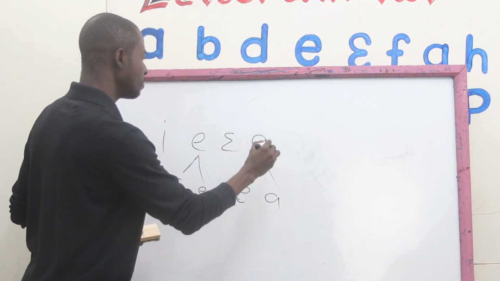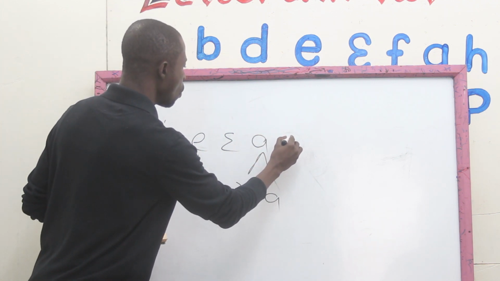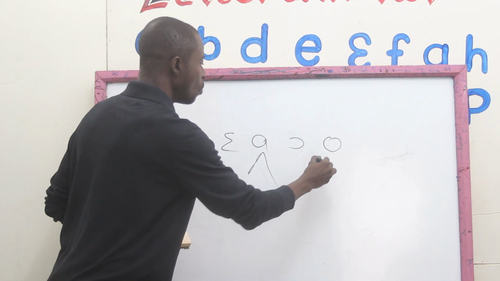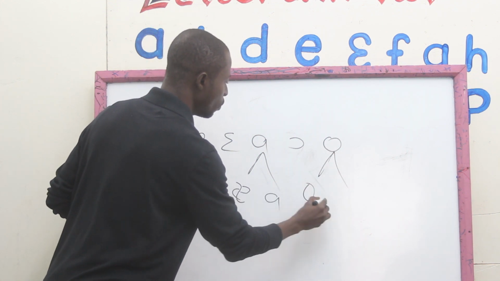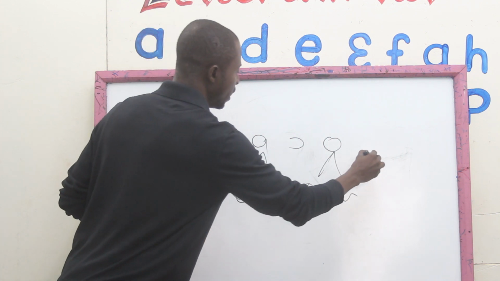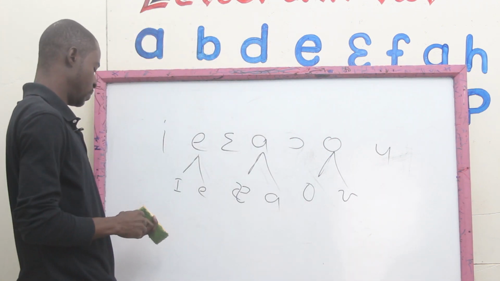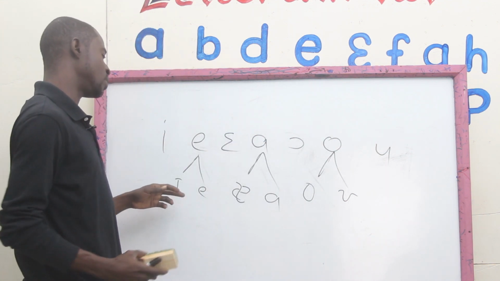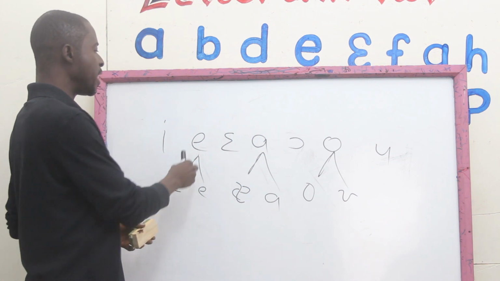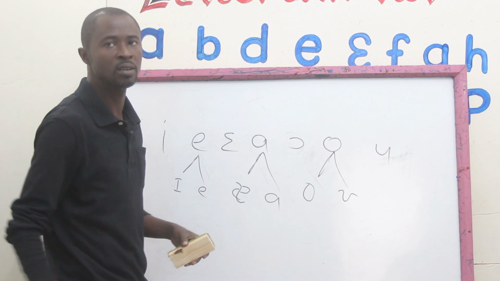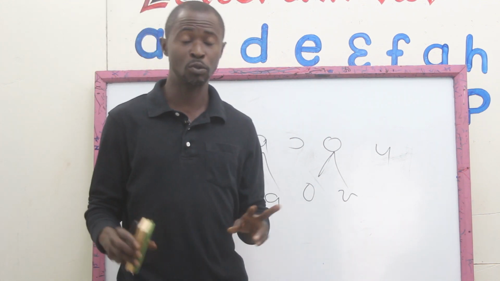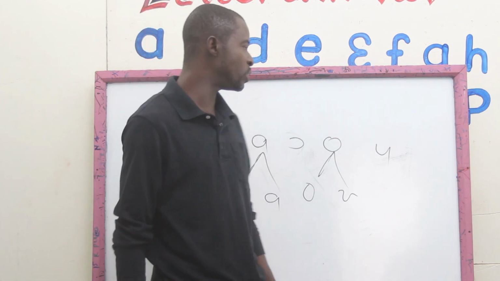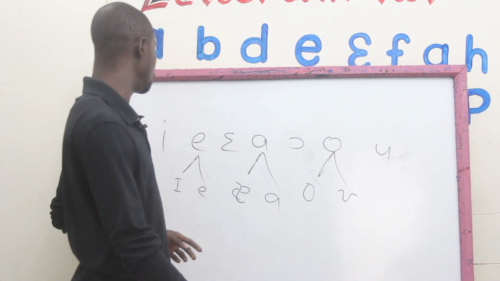And A. We have O. O also has 2 variants, O and O. And finally we have the U sound. So there are 1, 2, 3, 4, 5, 6, 7. But in pronunciation there are 10, because the E, the A, and the O sound give us 2 different sounds altogether. Okay, so let's go over one more time to see how they are written and produced.